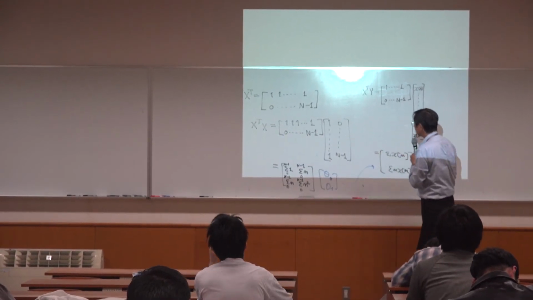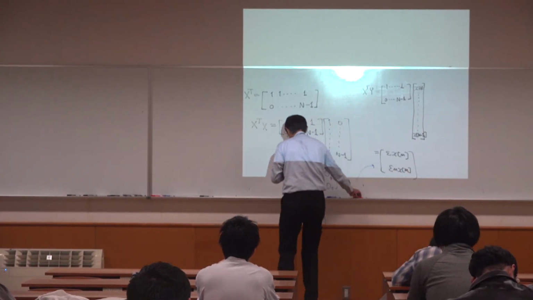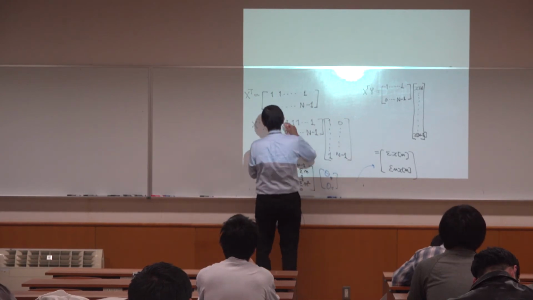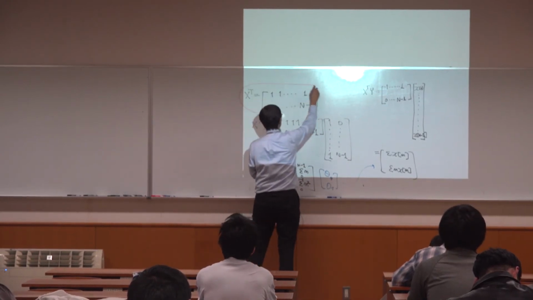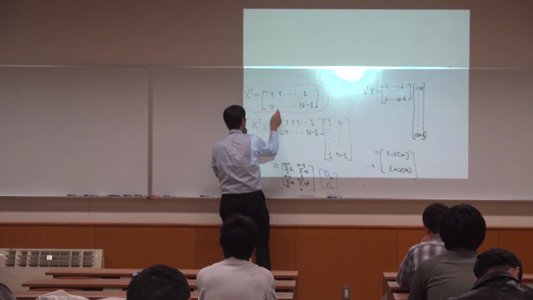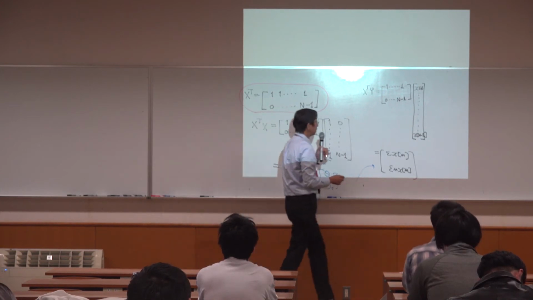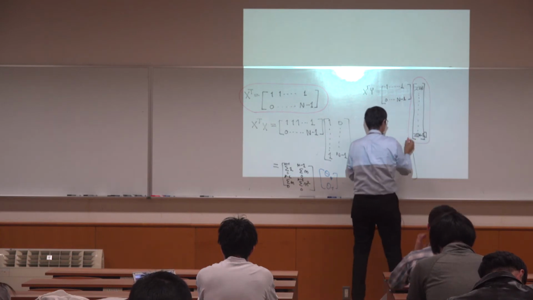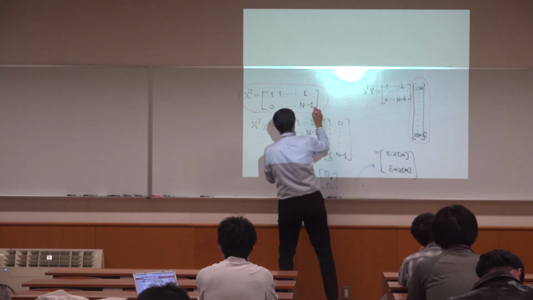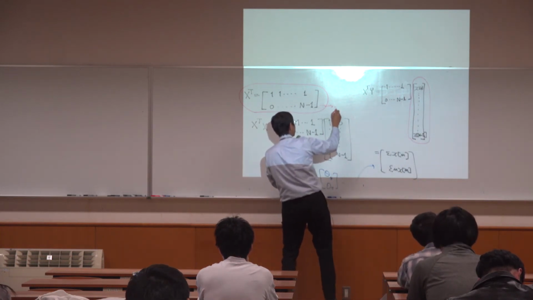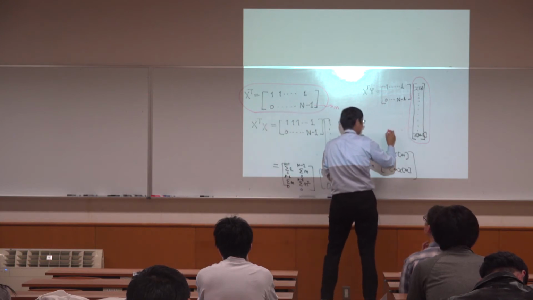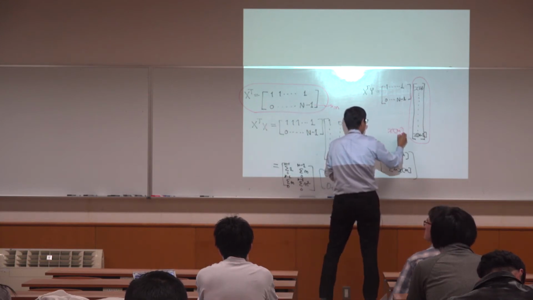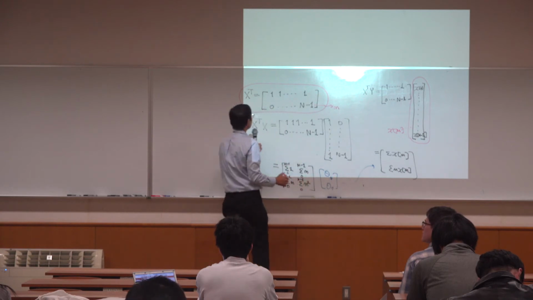So which means that what we get here, we denote the data in a very simple independent form and dependent form. Then we have two data.